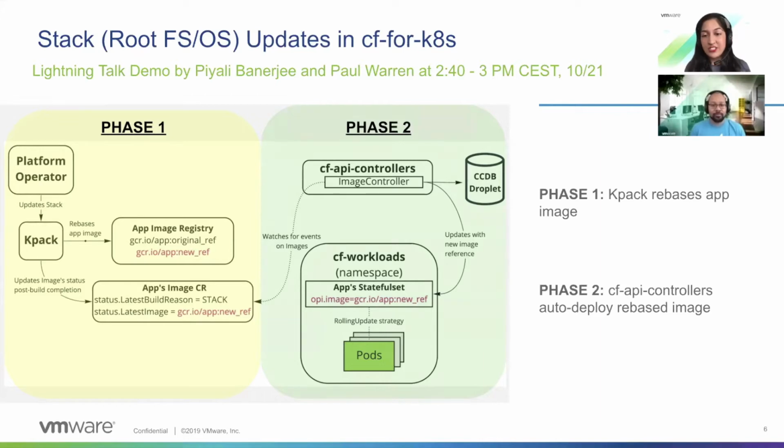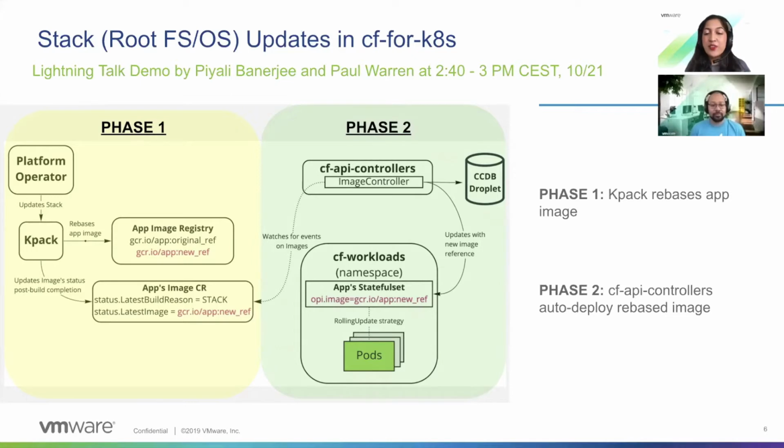With this information, the image controller then patches the app's stateful set. As you recall, Irene spun up a stateful set for this app previously when this app was first pushed. So the image controller updates that stateful set with the new image reference. And the new image reference now includes the new stack.